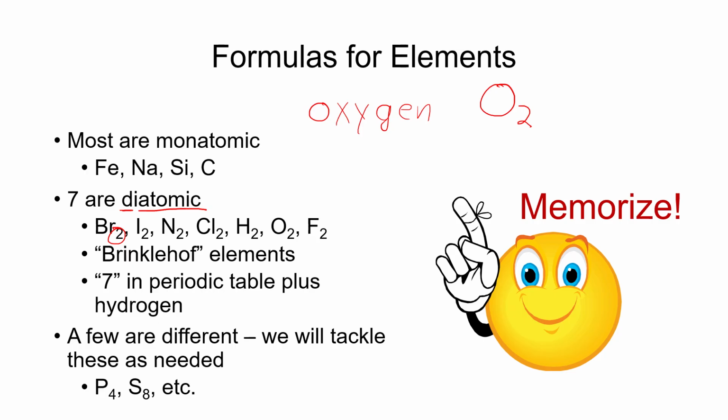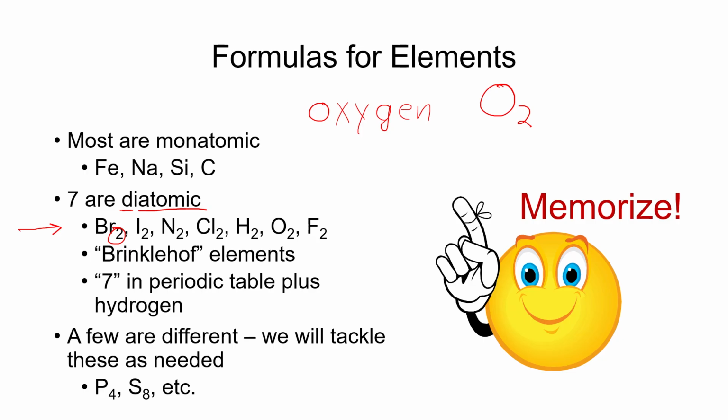I refer to these as the Brinkelhoff elements. The way the elements are listed here: bromine, iodine, nitrogen, chlorine, hydrogen, oxygen, fluorine. If you try to pronounce that, it comes out something like Brinkelhoff, right? So Brinkelhoff elements is what I'm going to call these.